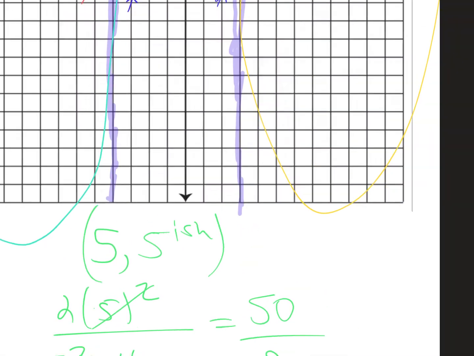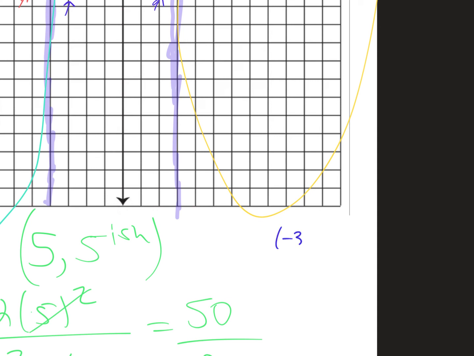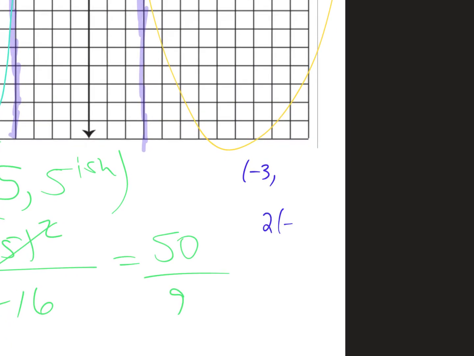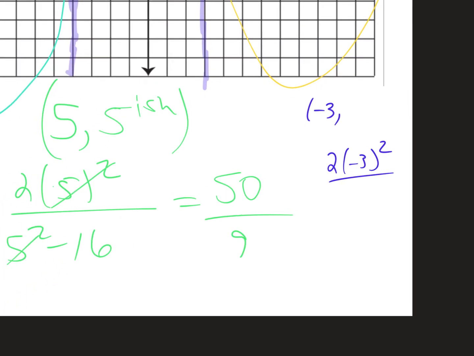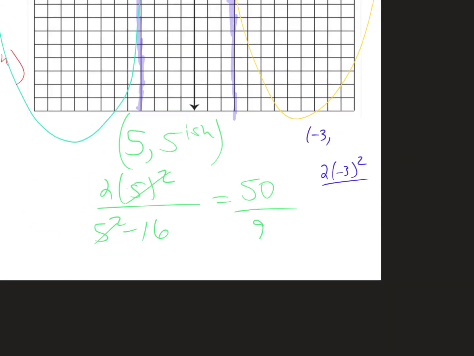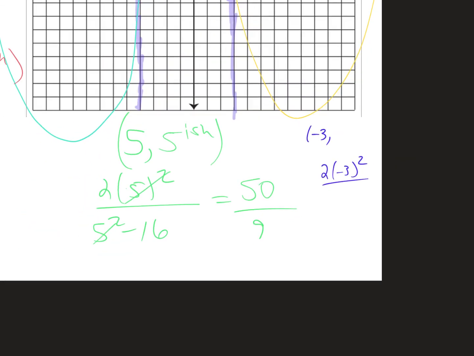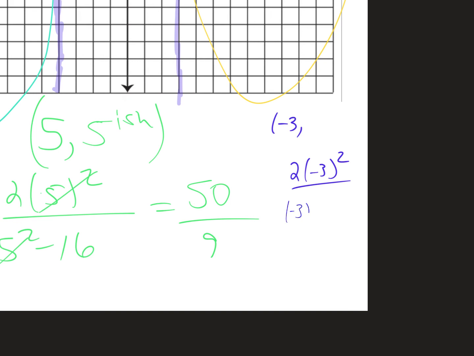So when I plug in -3, I have 2 times -3 squared over -3 squared minus 16. So this is 9 times 2 is 18. And then 9 minus 16 is -7. That makes a difference there.